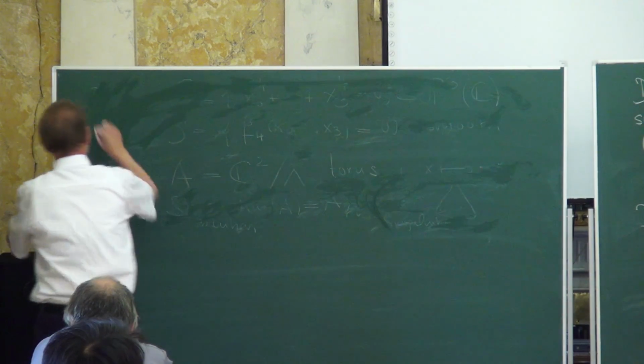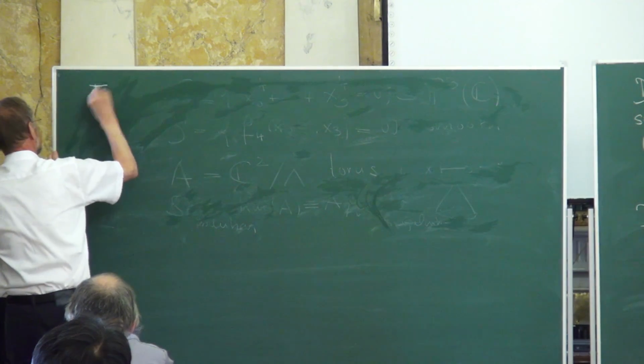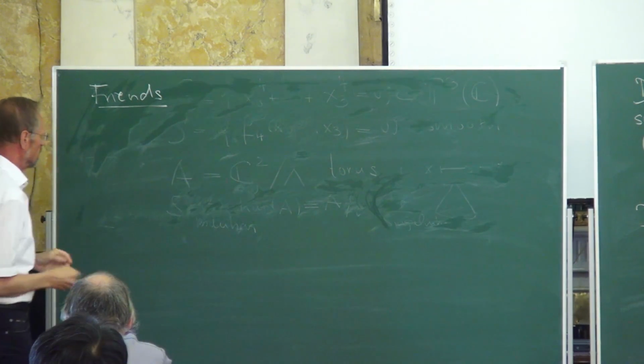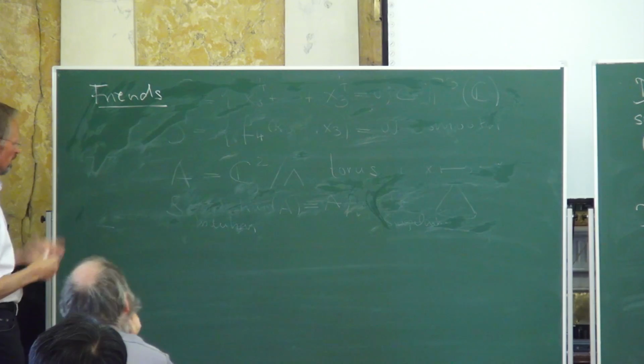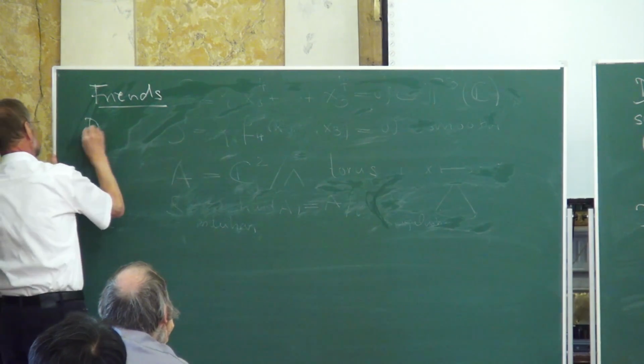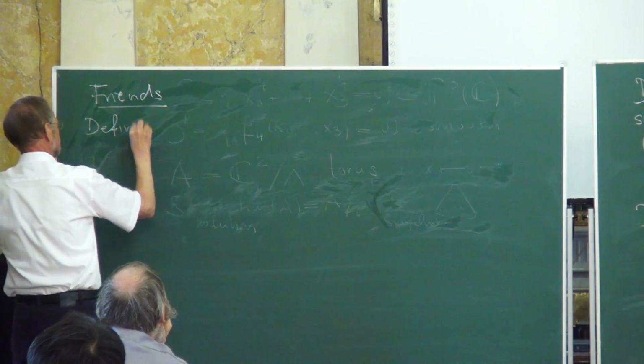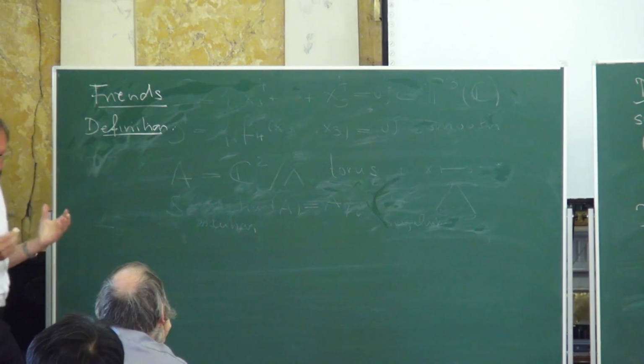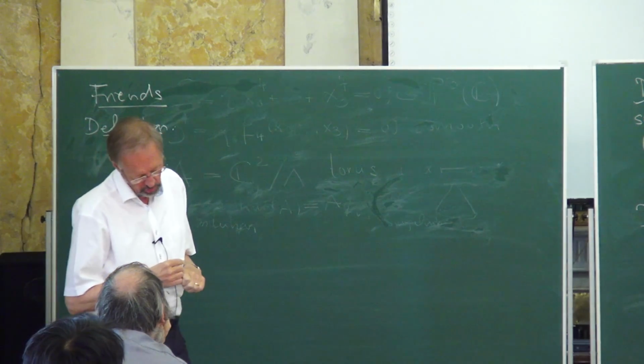So, friends. Well, we've had that definition more or less on the blackboard in the last talk. So, the definition is slightly different, but of course, this is essentially the contents of the last talk.